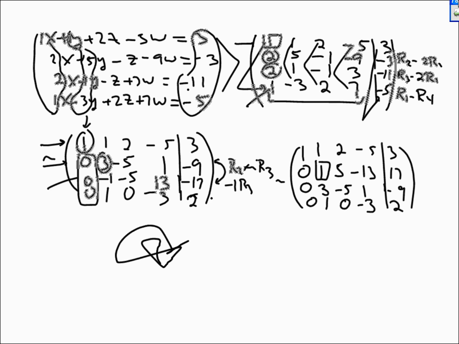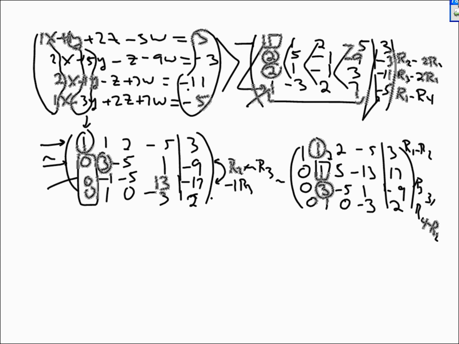Can't be any friendlier than that. Okay. So for row 1, since this and that are both 1, I'll just do row 1 minus row 2. For the last row, I'll do the same thing. Row 4 minus row 2. But for the third row, since I have a 3 there, I'll keep the 3 the same, but I'll triple row 2. And then I subtract.